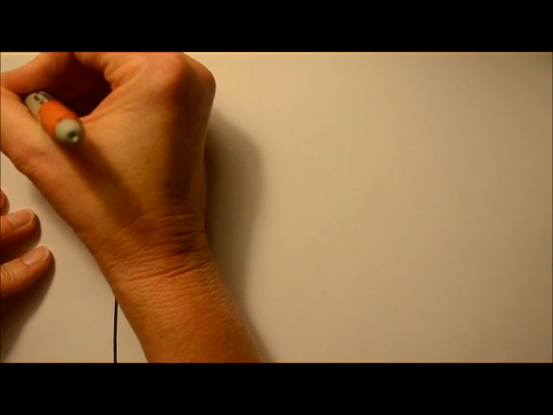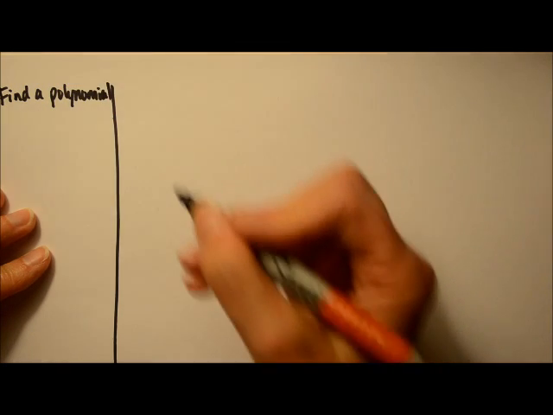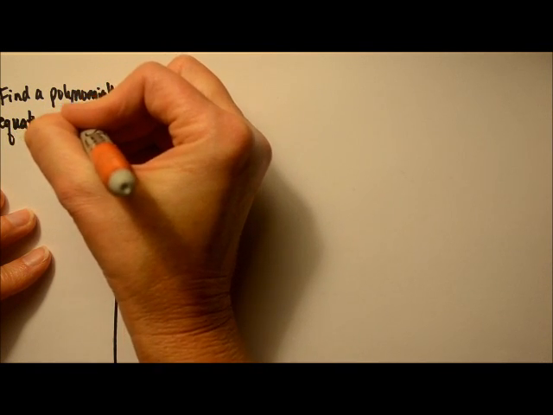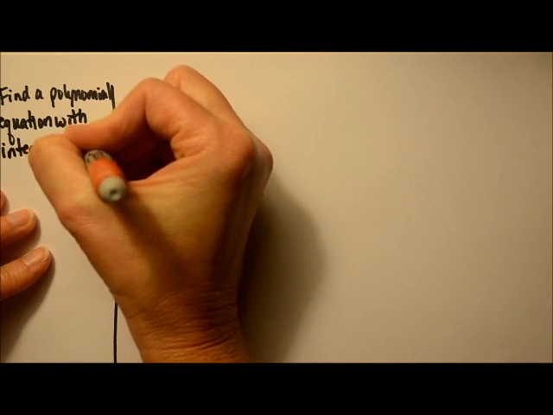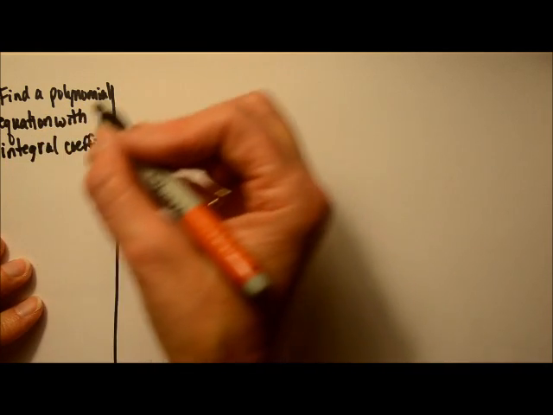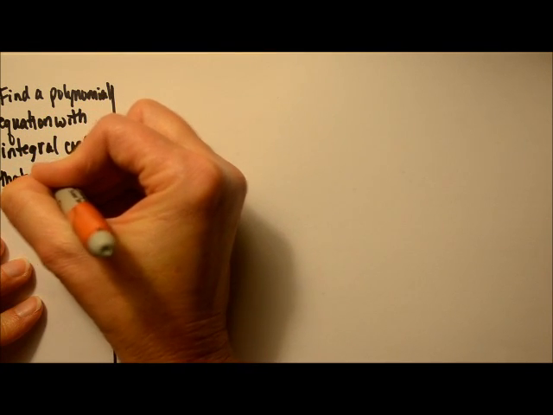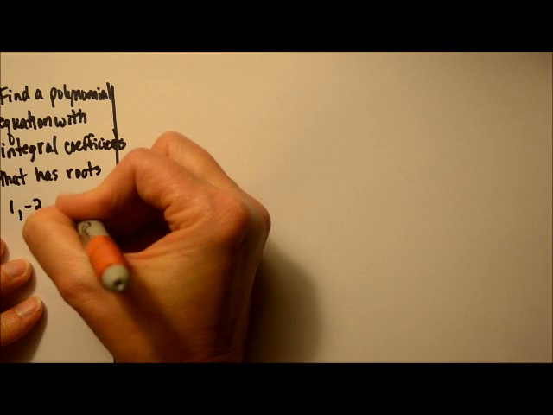The remainder and factor theorems. I'm not going to write the thing on the top, it just wastes time, so let's just keep going. This one is find a polynomial equation with integral coefficients that has roots, these are the roots, 1, negative 2, and 3 halves.